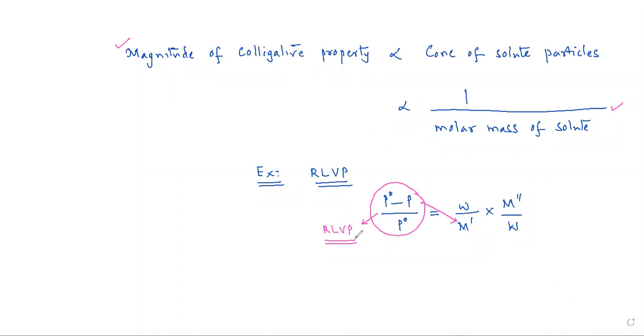Let us now go for the other colligative property, that is elevation in boiling point. It is represented by delta T. I'll give you details.